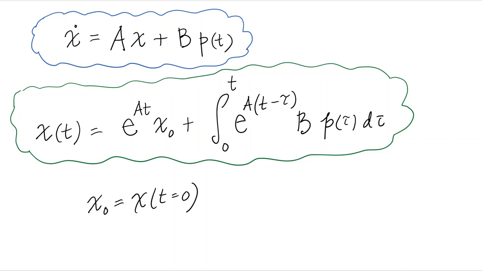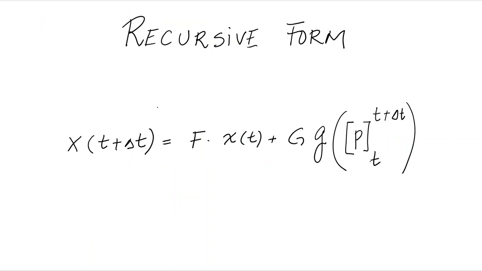So we begin with X naught, and using this formula we can move directly to X at t by multiplying that initial state by e to the At and integrating the input from 0 to t using this convolution integral. Now what we want is a recursive form.